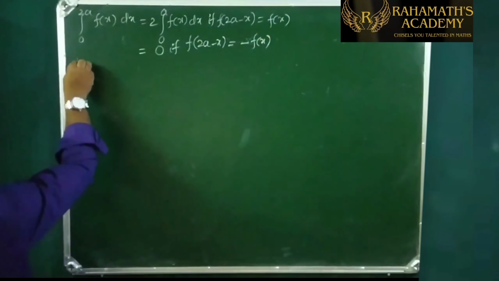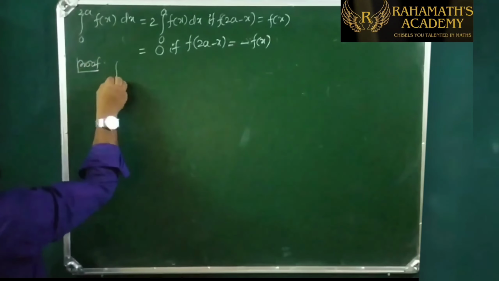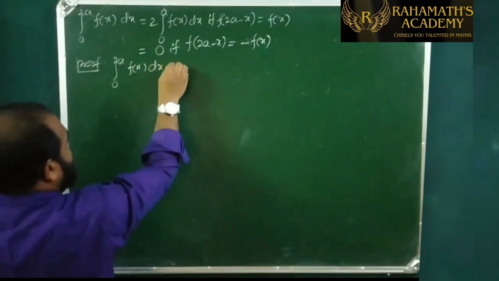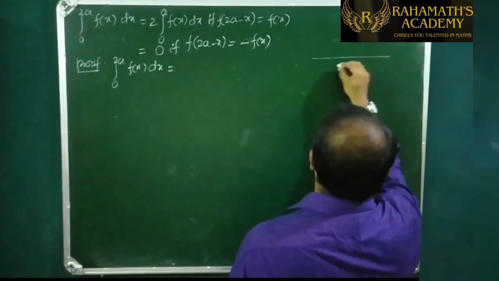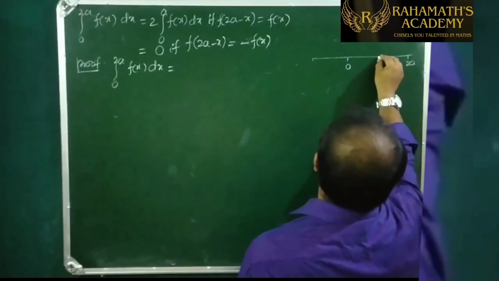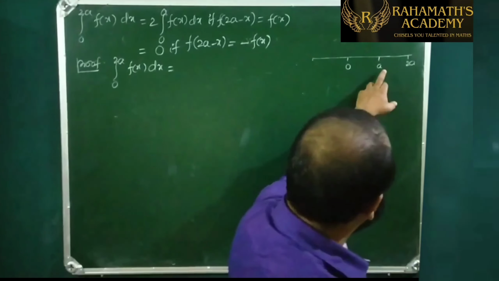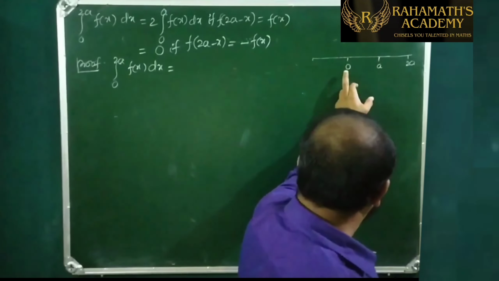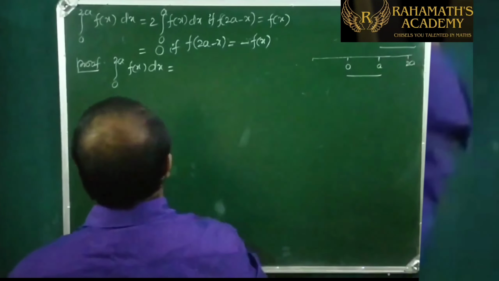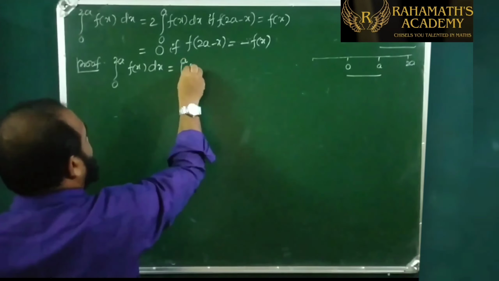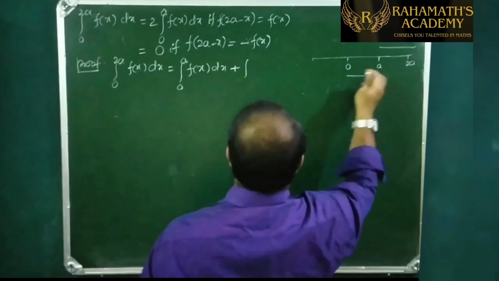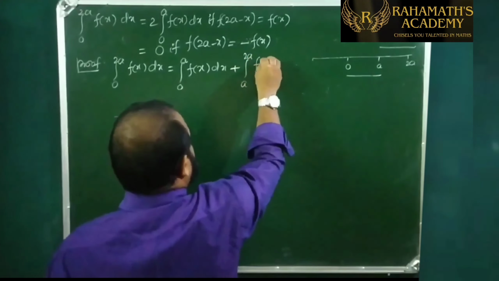So to prove this, I am taking LHS, 0 to 2a f of x dx, and this number line. So this is 0 and this is 2a. So this is a. So until a, we can split the interval 0 to 2a. So 0 to a and a to 2a. So this is 0 to a f of x dx plus a to 2a f of x dx.